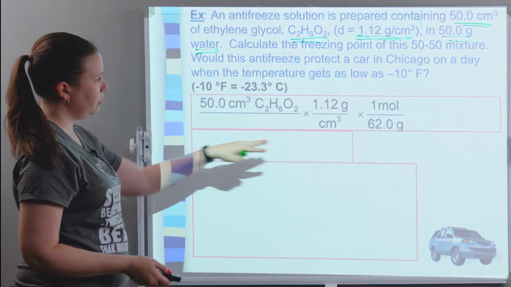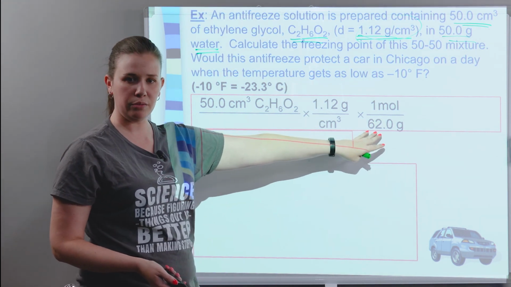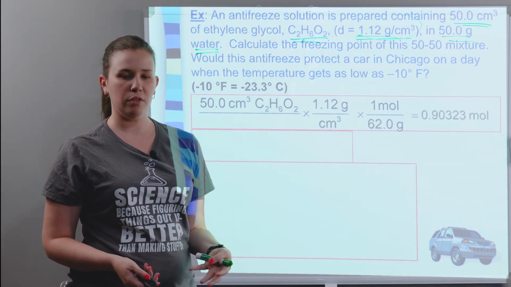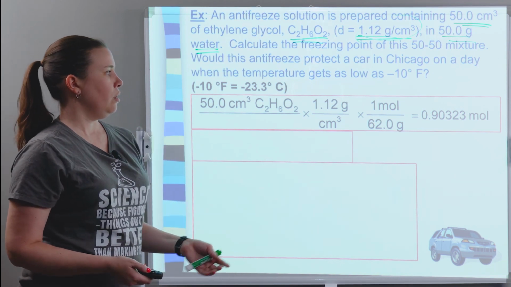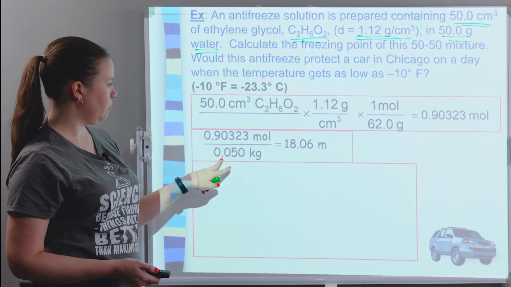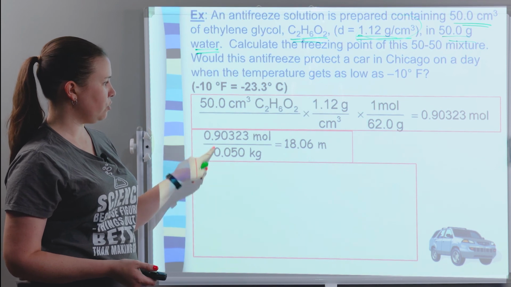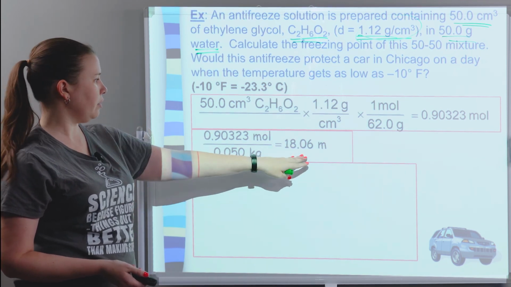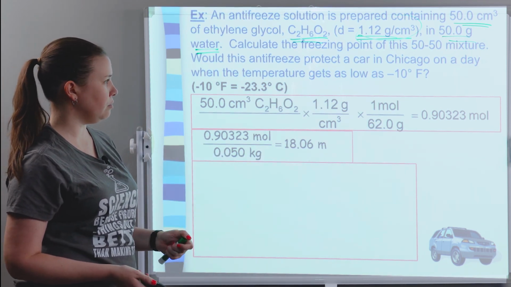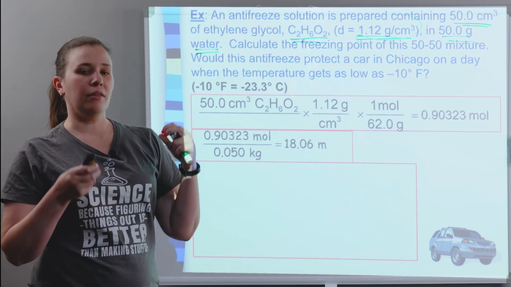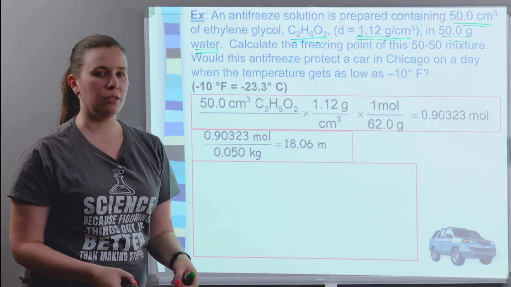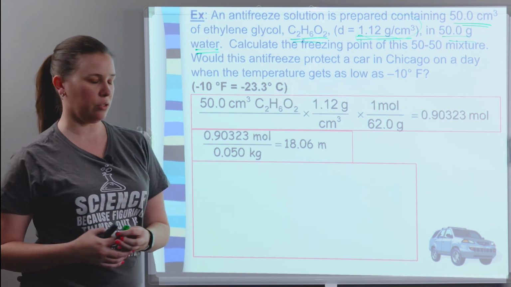First, we've got the molar mass of about 62 grams per mole, and then that'll give us the moles of 0.90323. The kilograms was the 0.05, and so if you divide those, you get a molality of about 18, sig figs would be 18.1. So now that I have the molality, can I start working towards a temperature change?